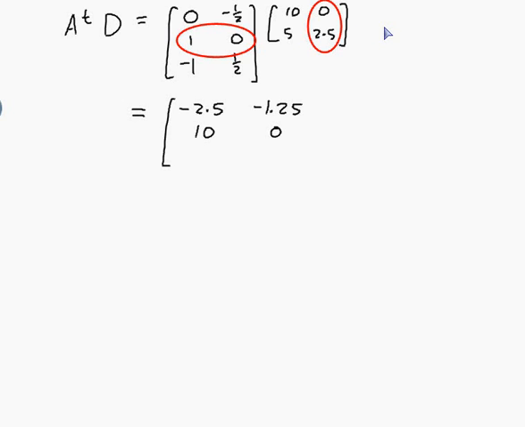And now I've finished all the columns of D, so I move on to the next row of A transpose and back to the first column of D. So minus 1 times 10 is minus 10. Half times 5 is 2.5, so minus 10 plus 2.5 would be minus 7.5. And finally, I move through the columns of D, so minus 1 times 0 is 0, a half times 2.5 would be positive 1.25. So there's my answer.